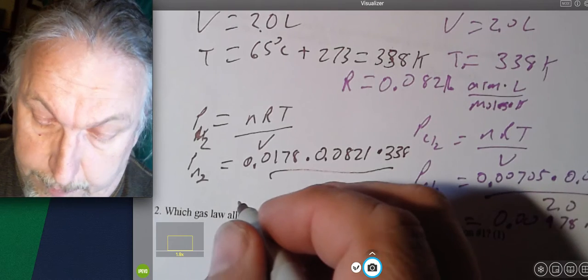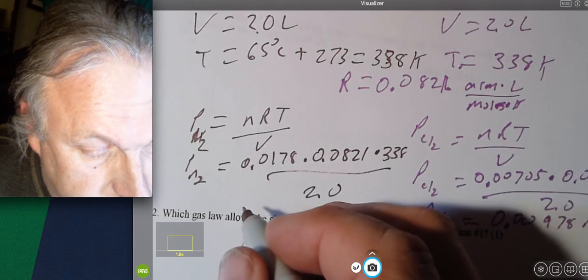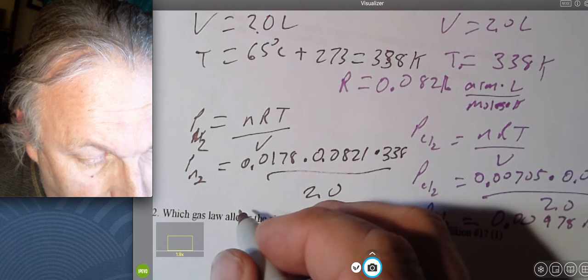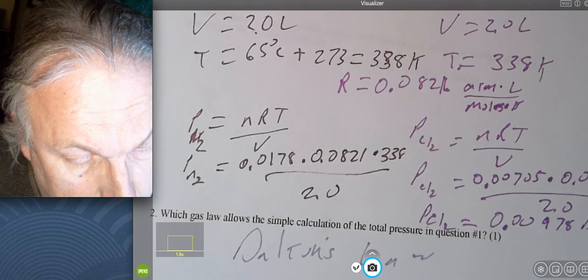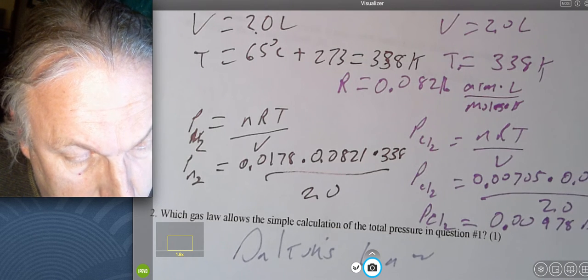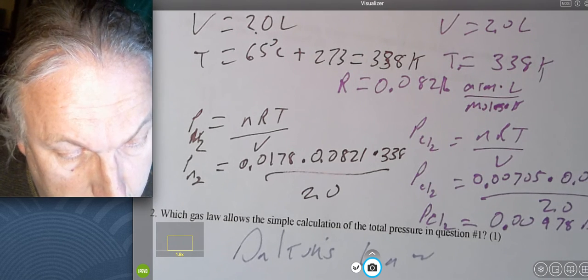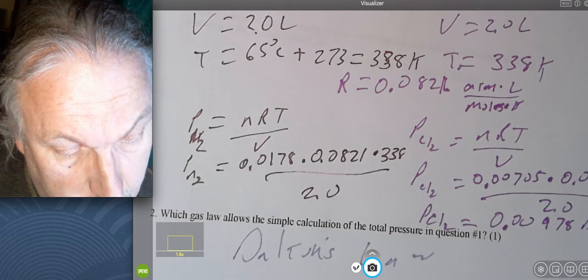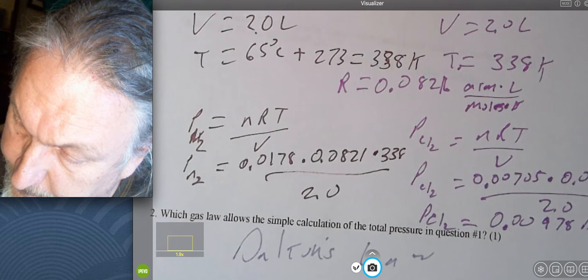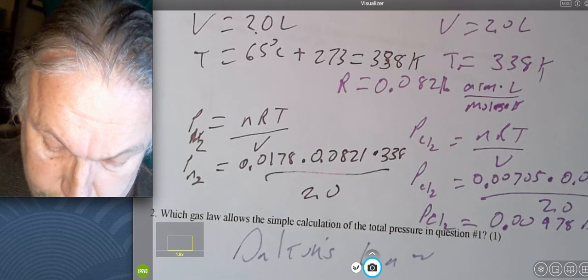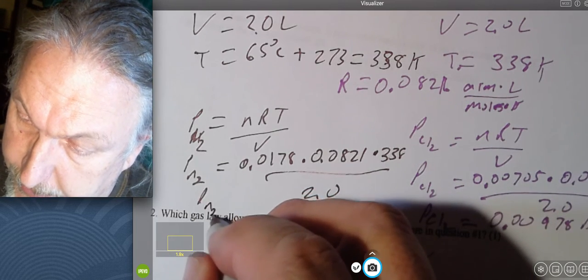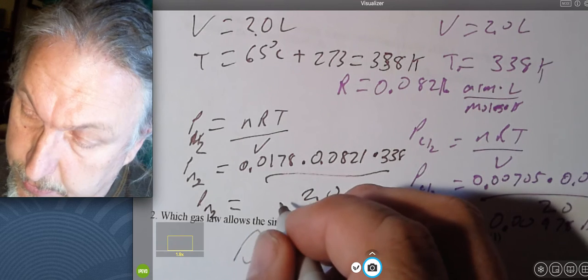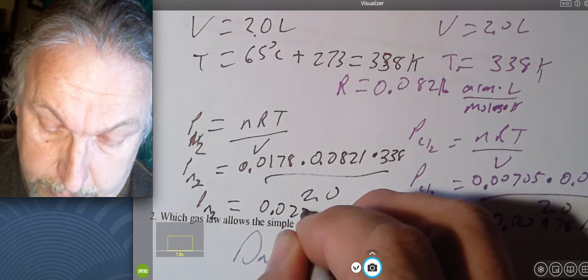And the pressure I got, let's see, for the nitrogen is 0.0247.